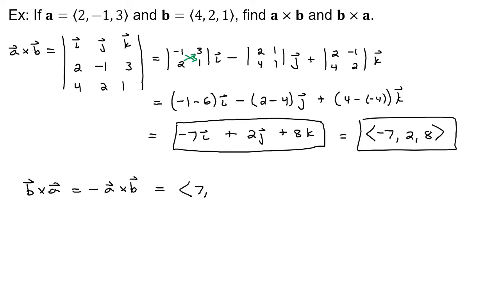So I'd end up with a positive 7, a -2, and a -8. That would be the cross. Now you could actually plug those numbers in if you wanted to, and it would come out correctly.